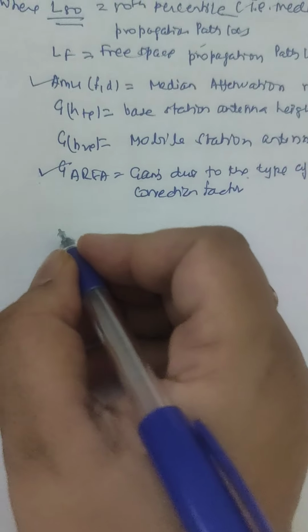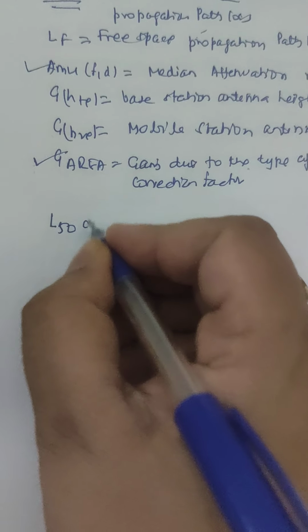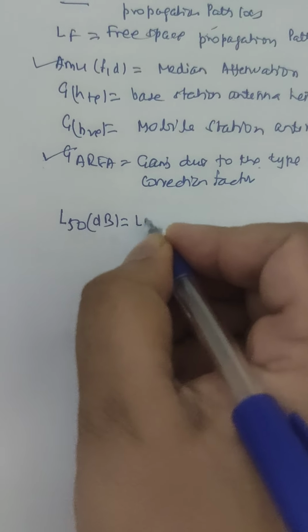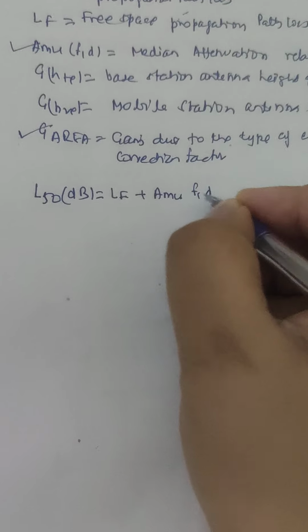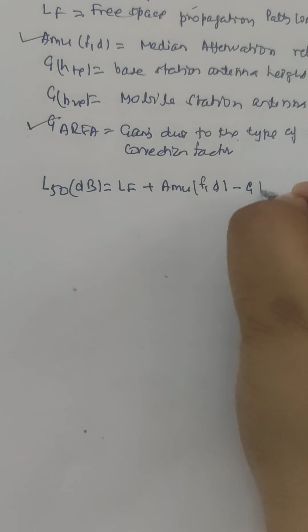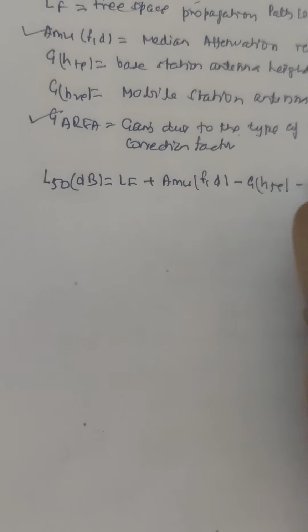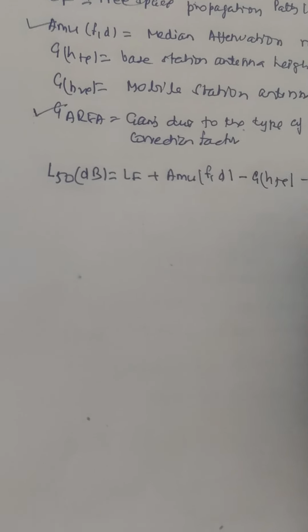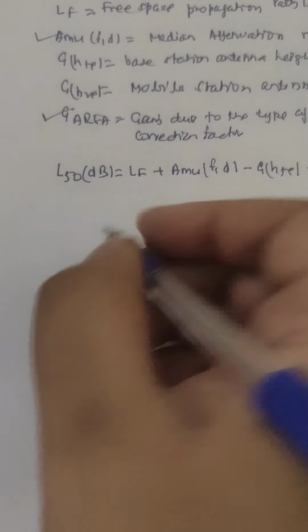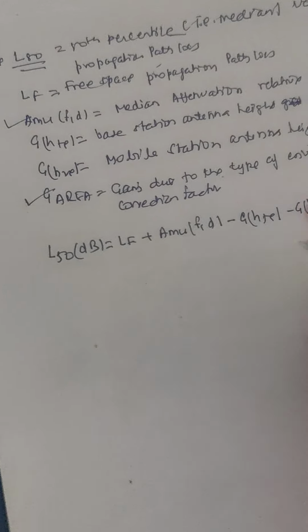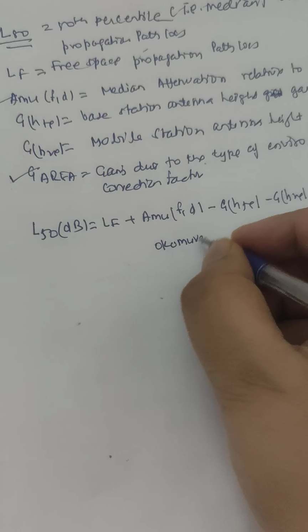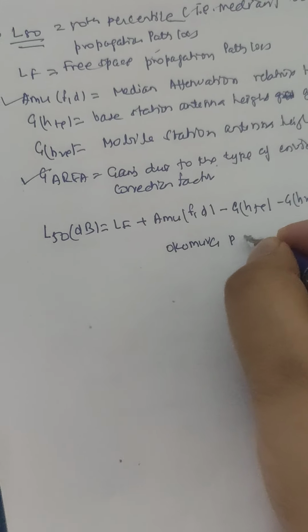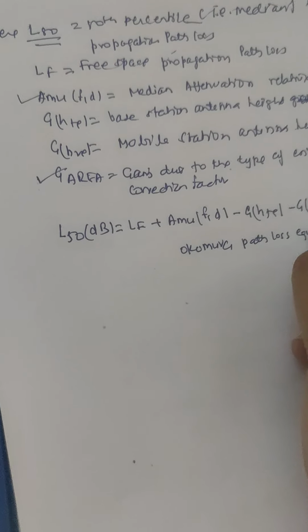So let us rewrite the formula once again. L50 percentile is LF plus AMU F comma D minus G of HTE minus G of HRE minus G area, and this is the Okumura path loss equation.